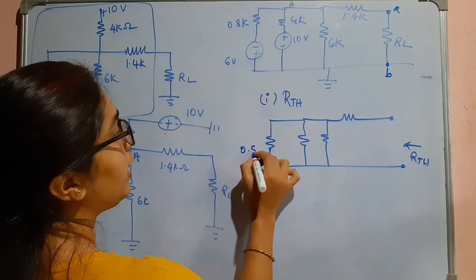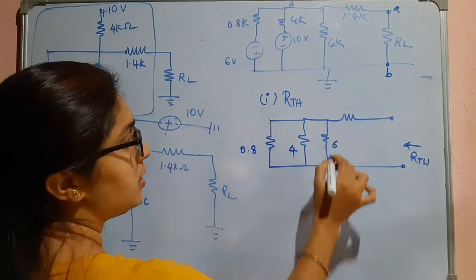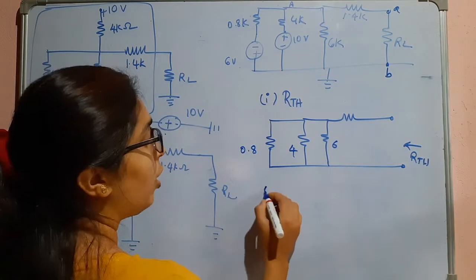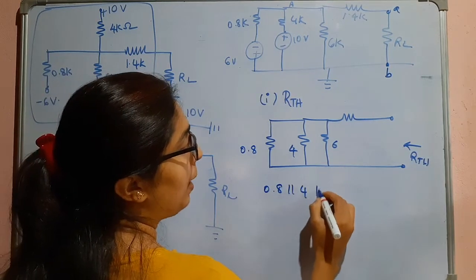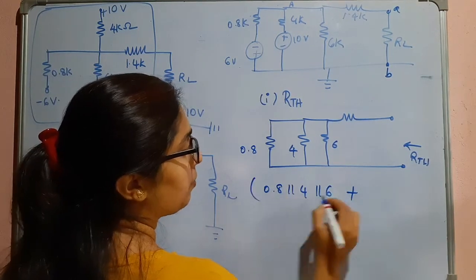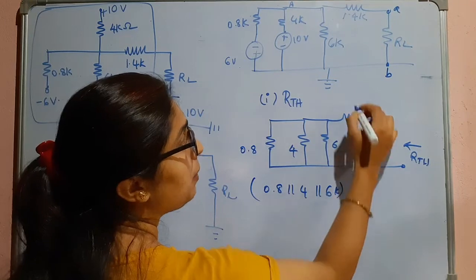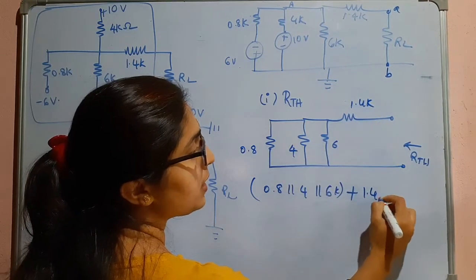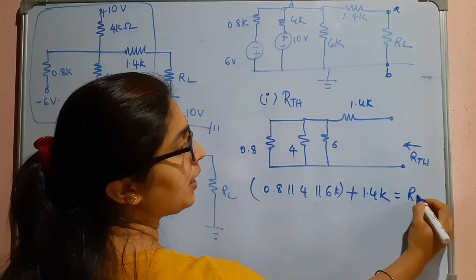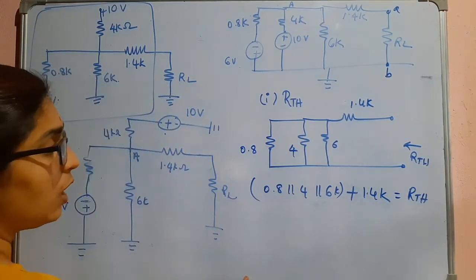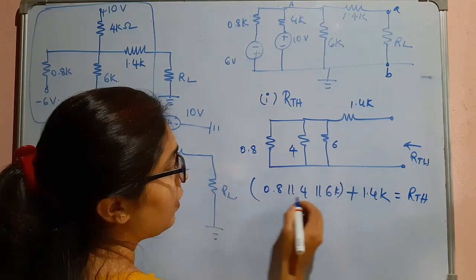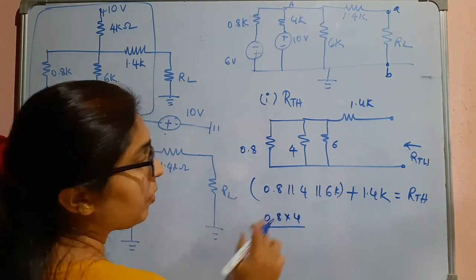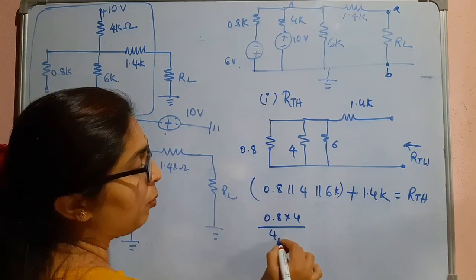So this is 0.8K, this is 4K, this is 6K. We can see that these three resistors are in parallel. So 0.8 parallel to 4 parallel to 6, all these are K's, plus 1.4K, because after solving this, that one will be in series. This will be our RTH. First I will solve 0.8 into 4 divided by 4.8.